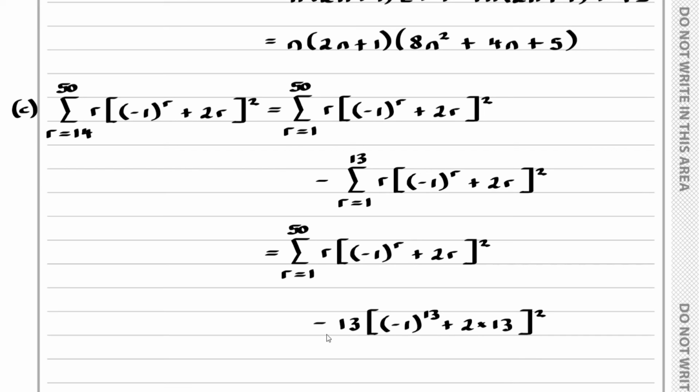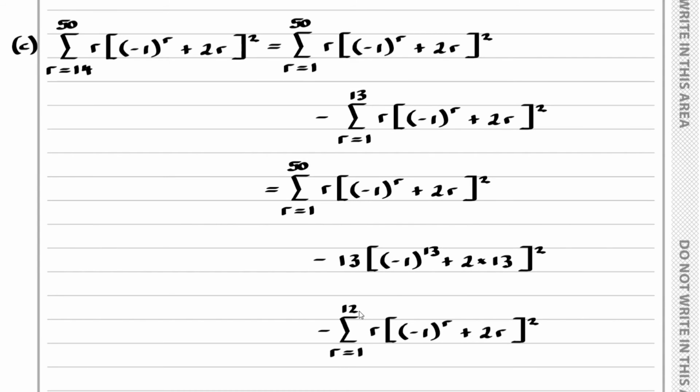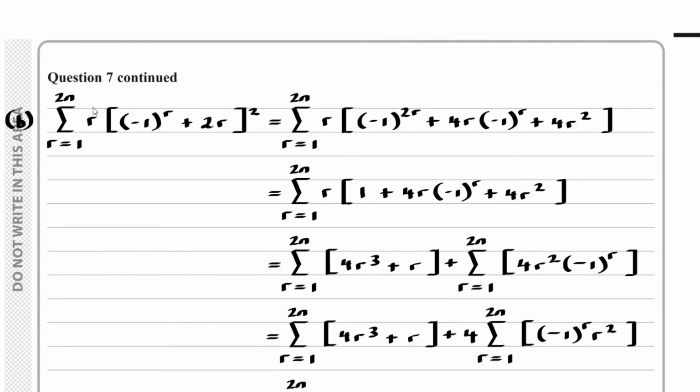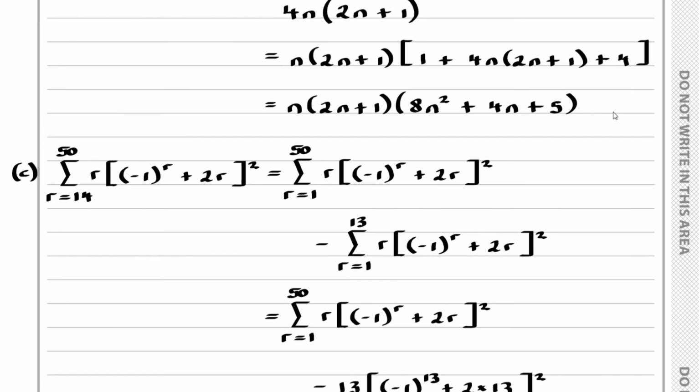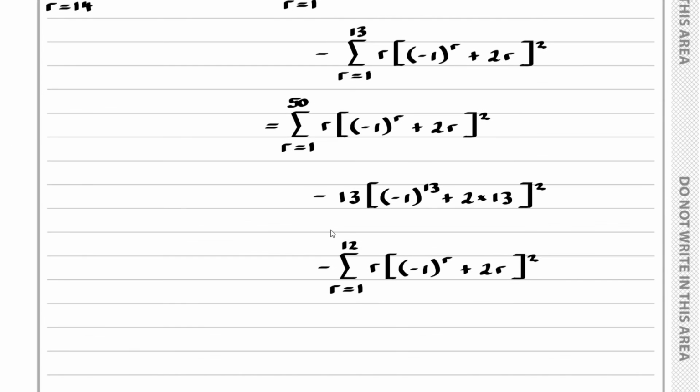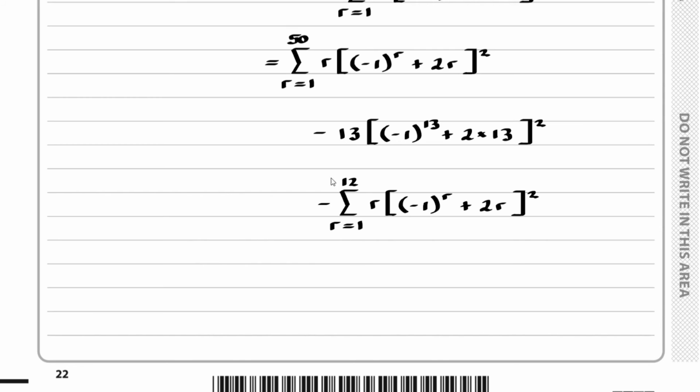Then we subtract the 13th term, and then we subtract the sum of the first 12 terms. Now we have a sum which has an even upper limit, which means we can then use our result with what we found in part B. And notice here we've got a 2n, which means when we sub back into here, we just require n, which means we are required to half the 50 and half the 12.